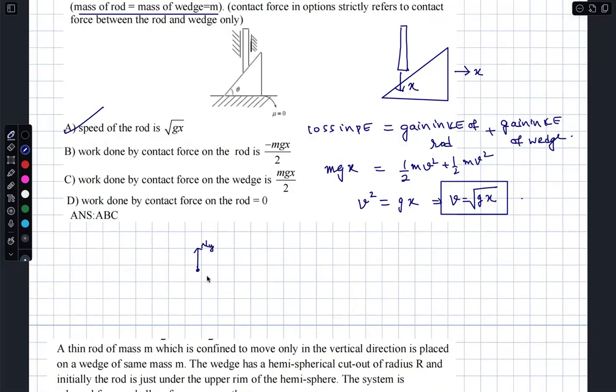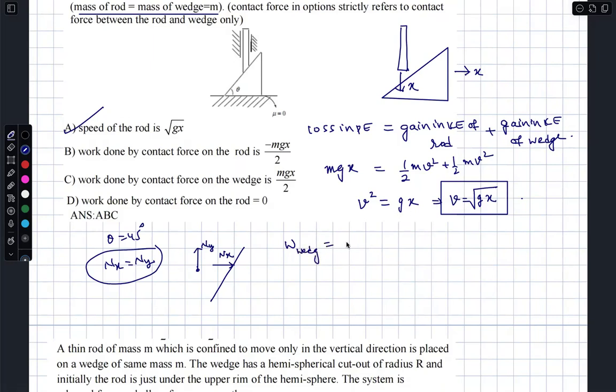And on the wedge, if there is some nx, since theta is equal to 45, nx is same as ny. The contact force components. Therefore, what is the work done on wedge?